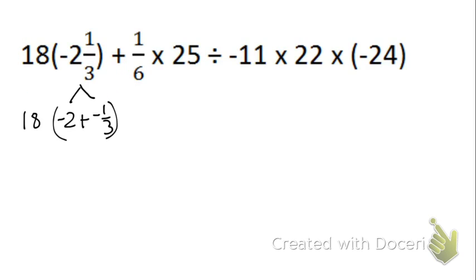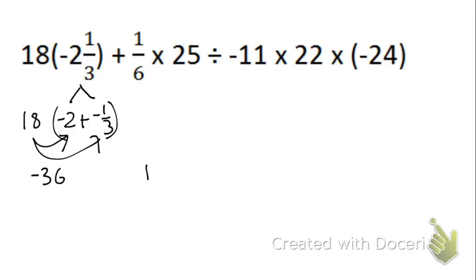So here, I can distribute that 18, multiply with everything inside the parentheses. I'll draw the arrows like this. Looks a little less confusing. 18 times -2 is -36. 18 times -1/3.